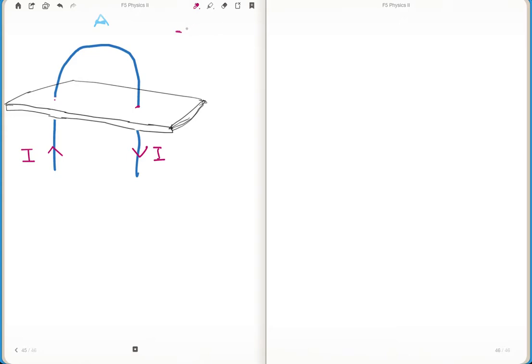your Maxwell screw rule, or right hand grip rule. I think the best way is the Maxwell screw rule, or you call it the right hand grip rule, or corkscrew rule.